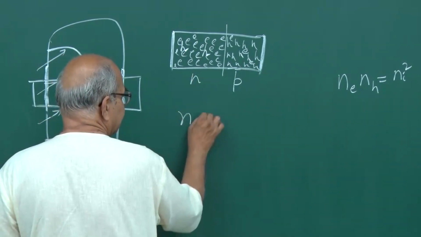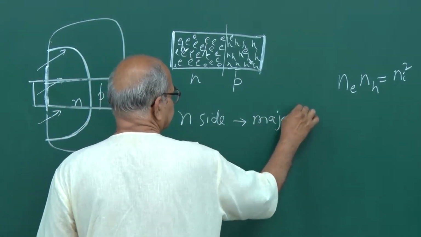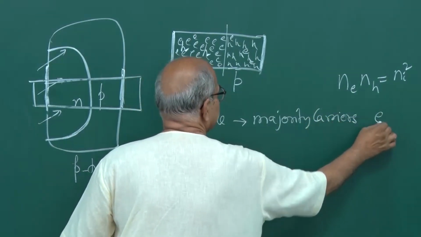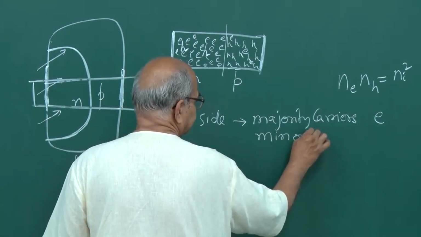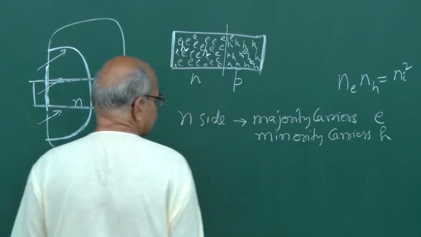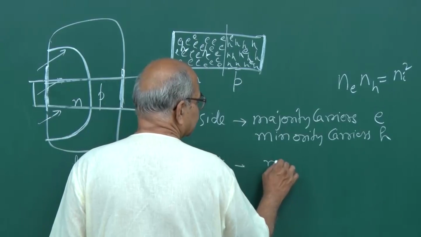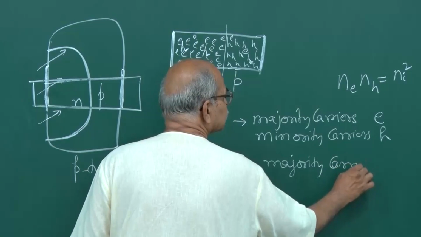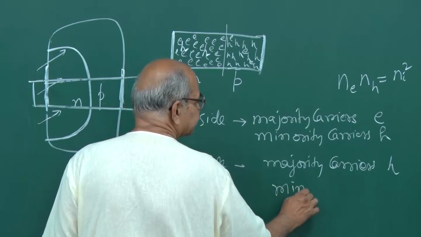So, on the n side, you have majority carriers, that is electrons, and minority carriers, that is holes. On the p side, you will have majority carriers, that will be holes, and minority carriers, that will be electrons.